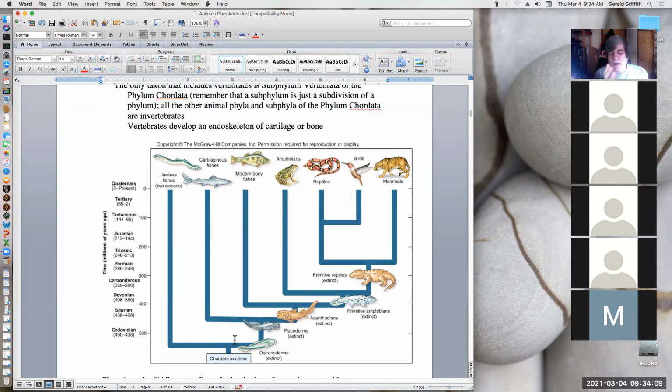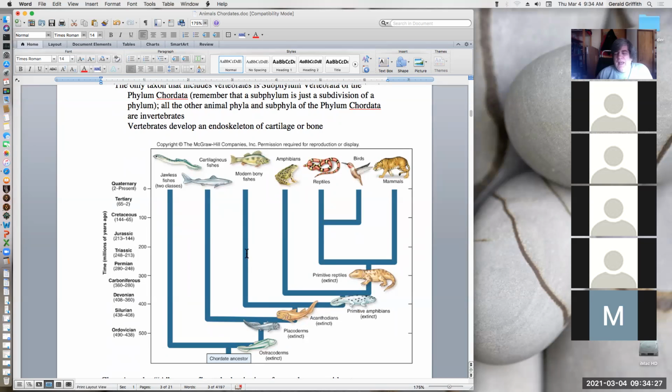Now, one of the things that we want to keep in mind when we think about the chordates, if we look at animals, there are about 34 different phyla of animals. And about 8 or 9 of those are worms. So there's a lot of different ways to be an animal and be a worm.